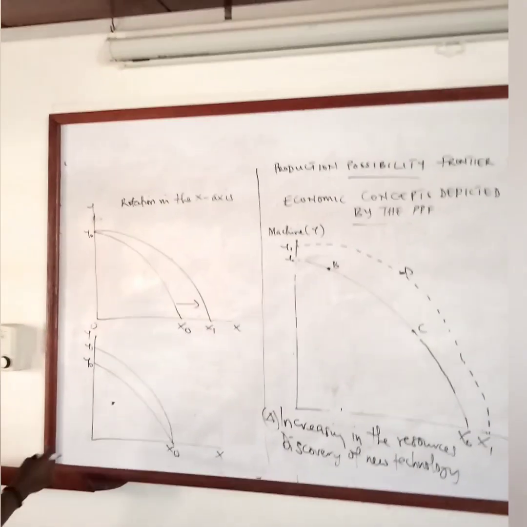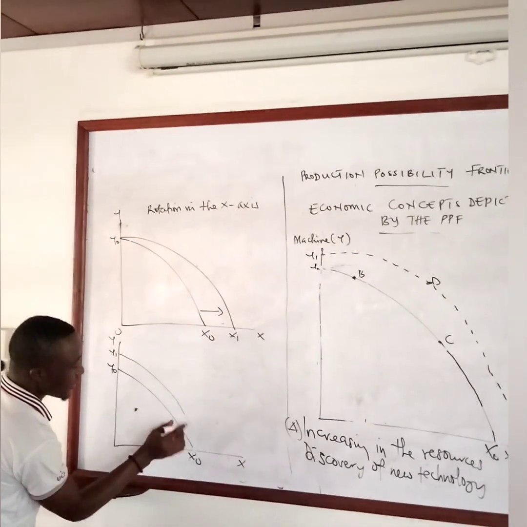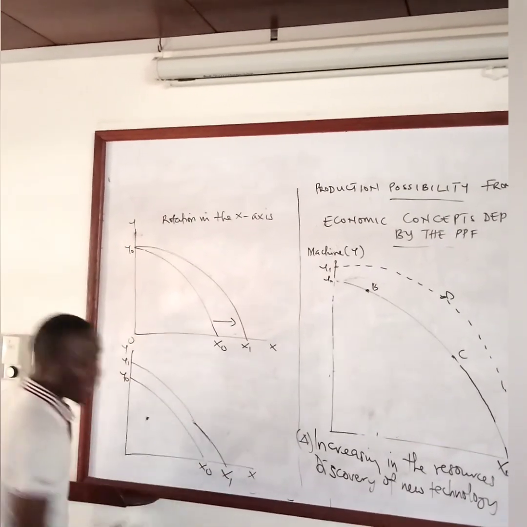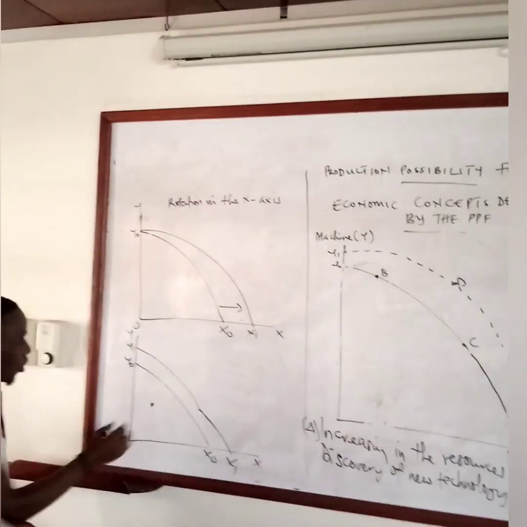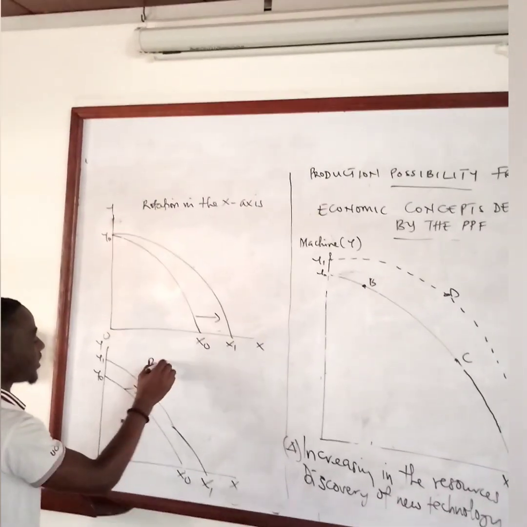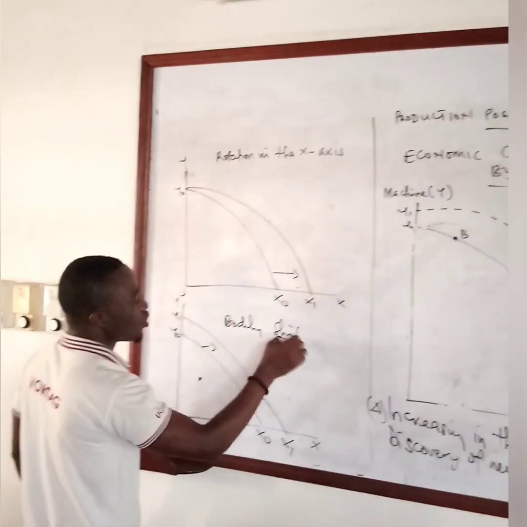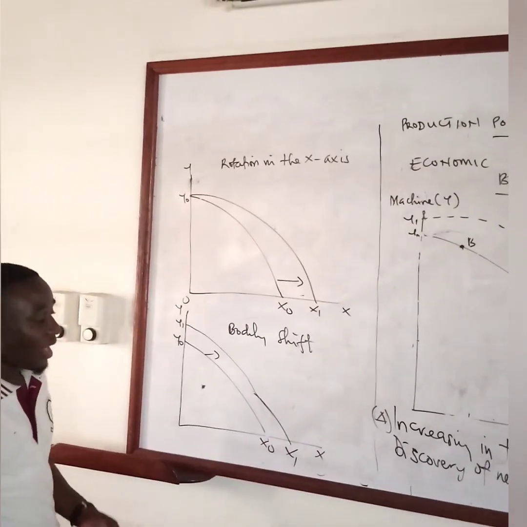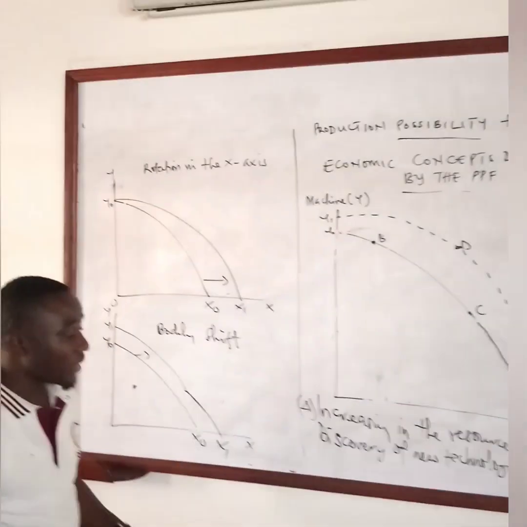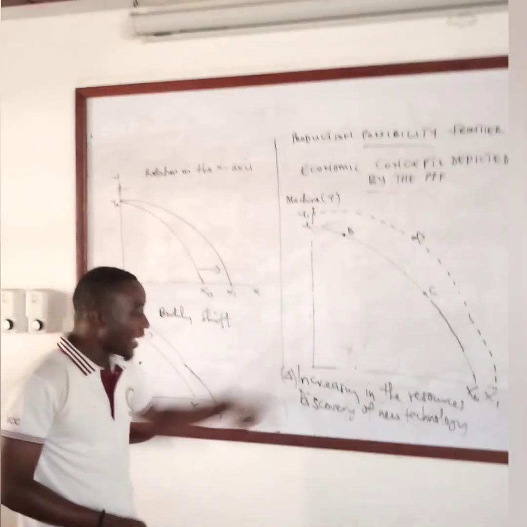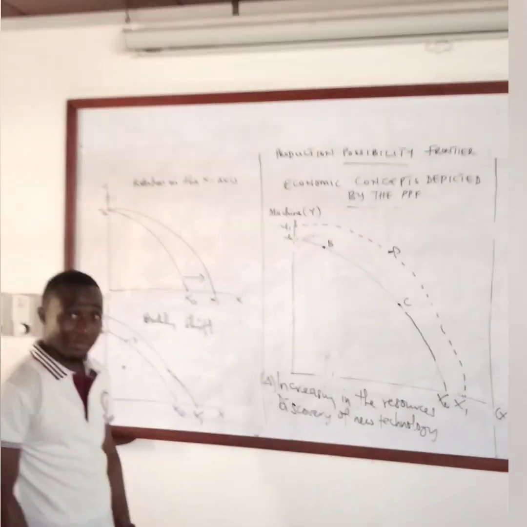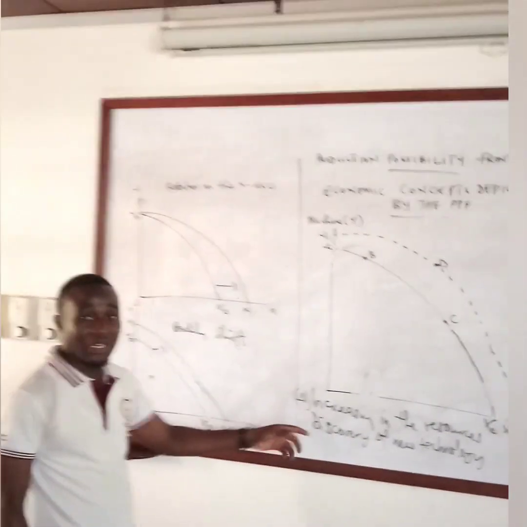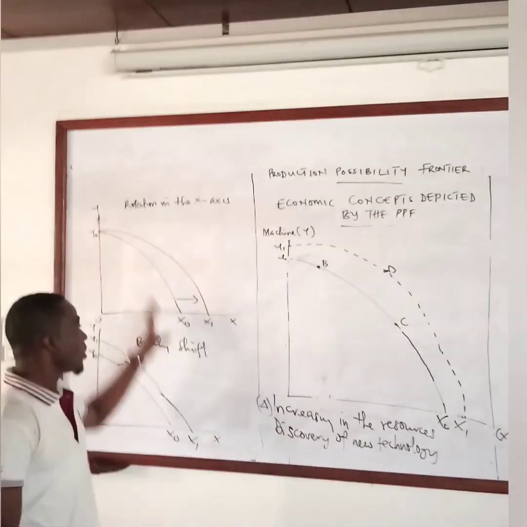So in that case, I can have something like this, and I have, not drawn to scale, X1 and Y1. So this is a bodily shift. So the first ones were just rotation, while this is a bodily shift. So I was using discovering new technology. Anytime there is an increase in the resources of production of either or both, the same thing applies as the discovery. So that is what you have.